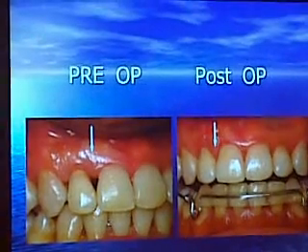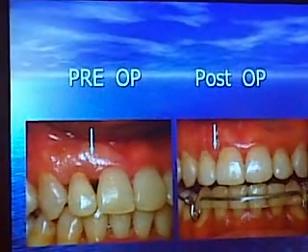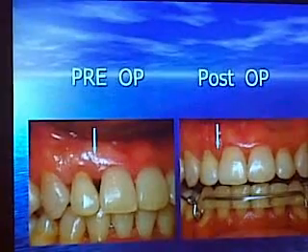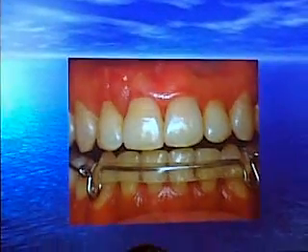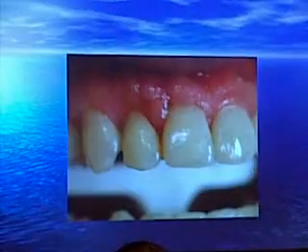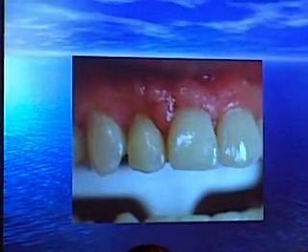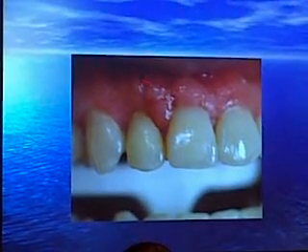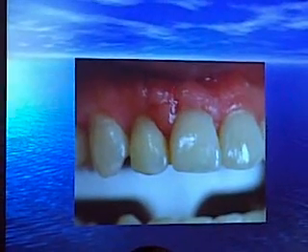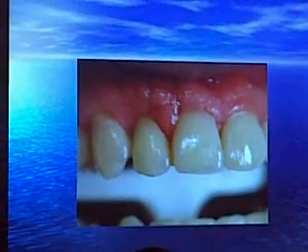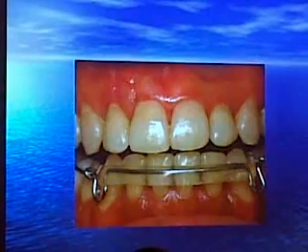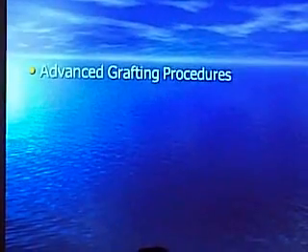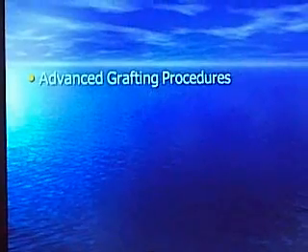This is really challenging in the present time in our field of perio. So here's before, after. And this is about two weeks post-op, we can see the incision, and I moved the tissue down. You have to be careful, if two incisions close, you might lose the tissue. So, okay, advanced grafting. All right.